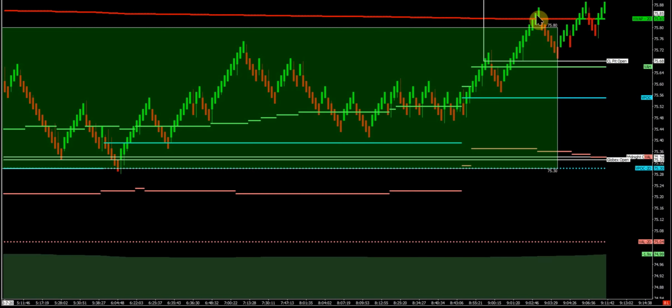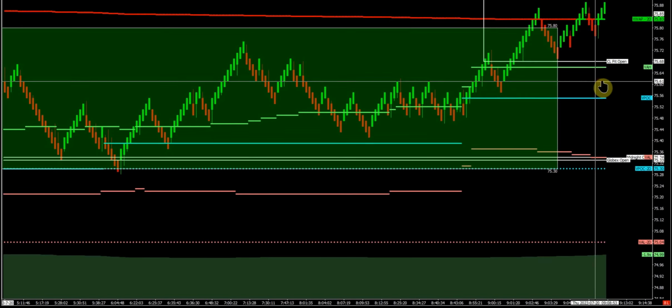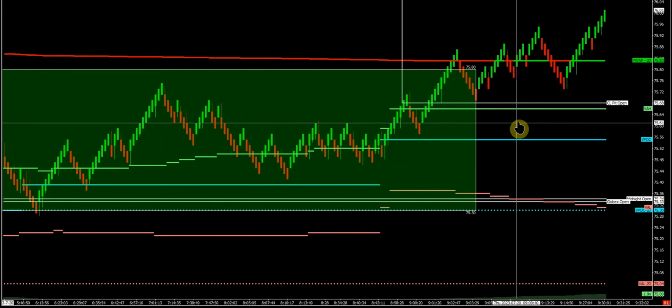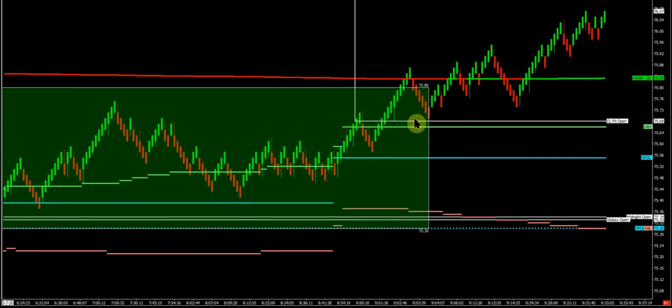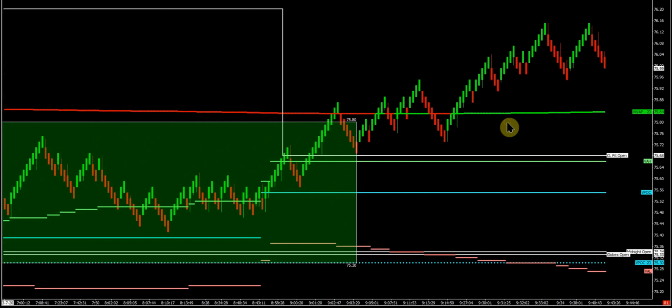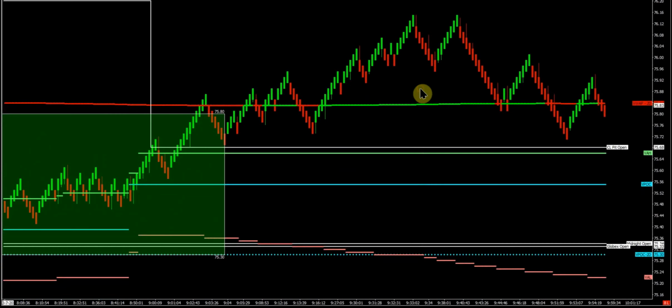So the good move is, so you're going along. Here's pit open, right? Pull back. Here's your VPOC down here. So you're still long biased, right? So this is just choppy chop right here. Okay.